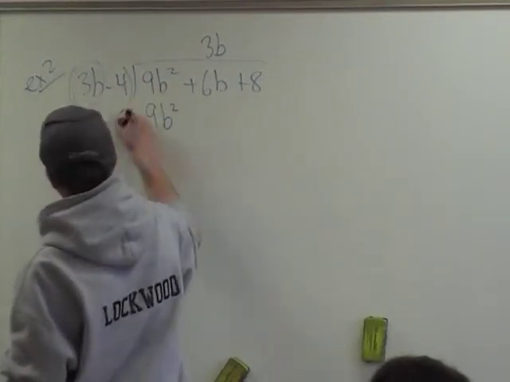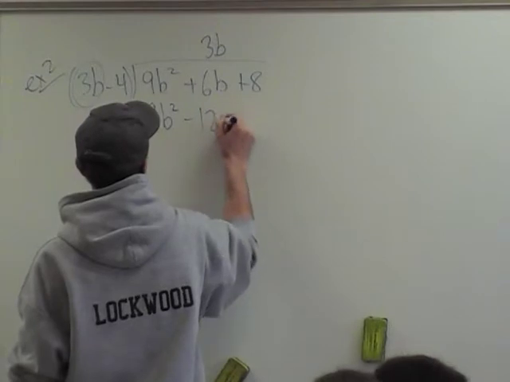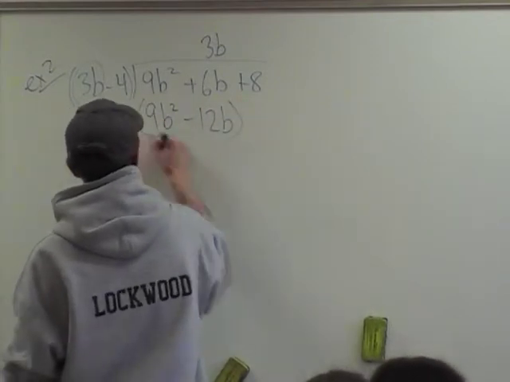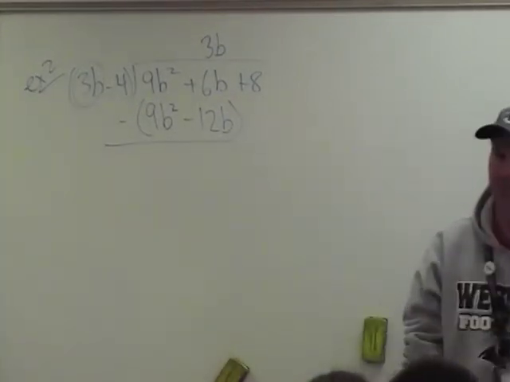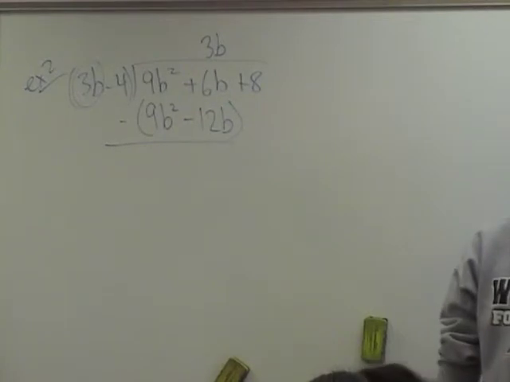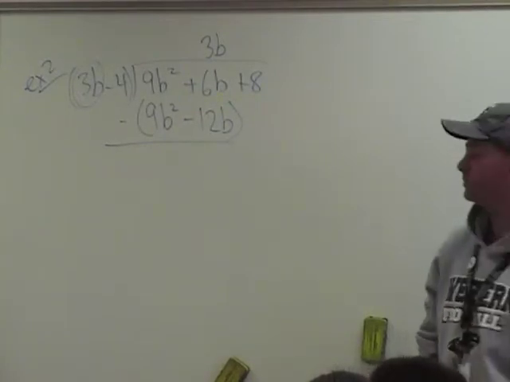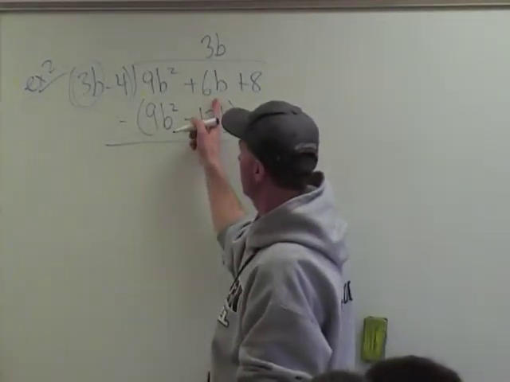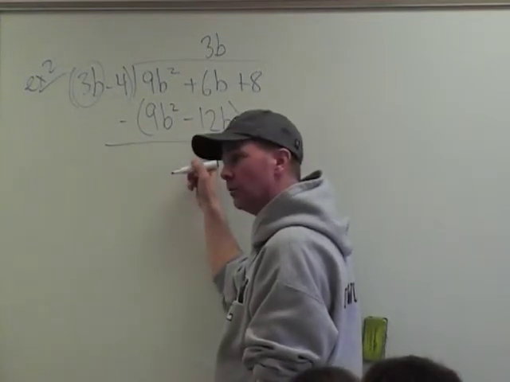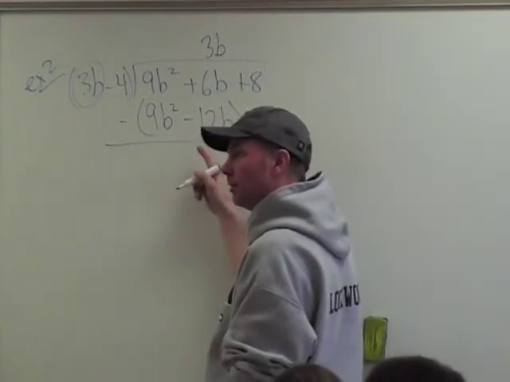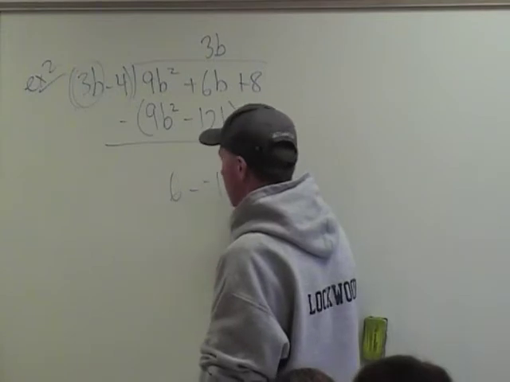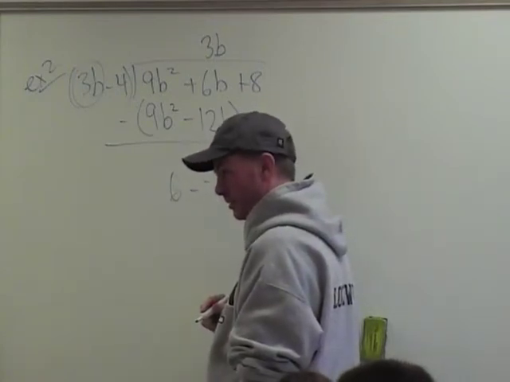You have to distribute it, right? Minus 12. Minus 12b. Subtract. 6 minus a negative 12 is 18.